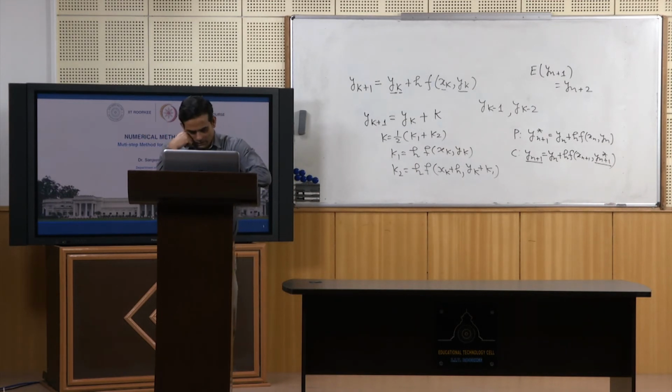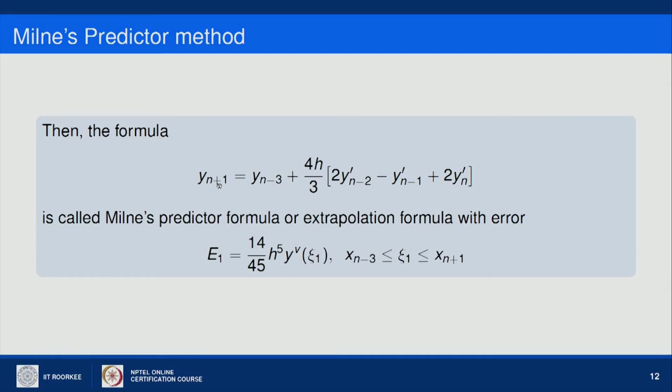So, the formula y n plus 1 equals y n minus 3 plus 4h upon 3 into 2 y prime n minus 2 minus y prime n minus 1 plus 2 times y prime n is called the Milne predictor formula, or the extrapolation formula, with error of order h raised to power 5 given by this expression.